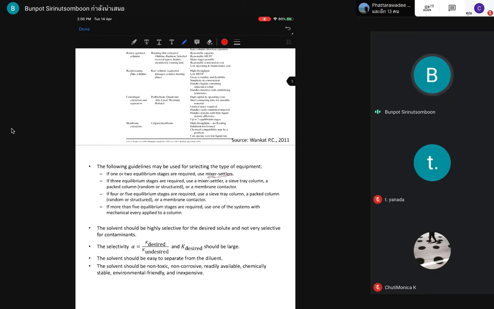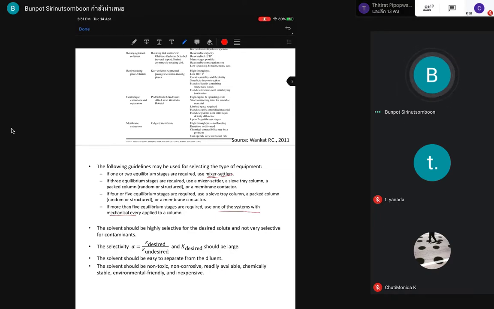But if it requires many equilibrium stages, then maybe use one of the systems with mechanical parts that allow higher contact between the two phases to promote the mass transfer, to give a better result.